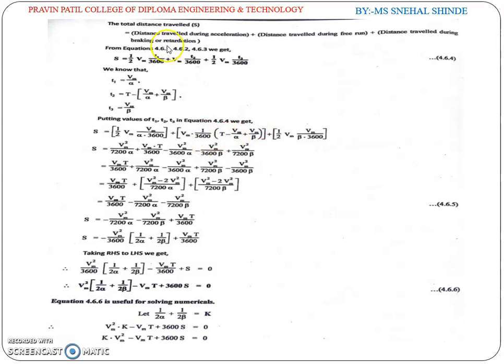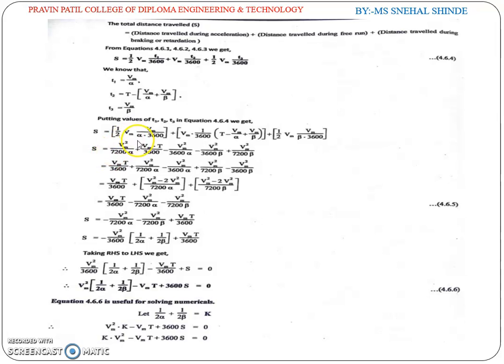We will put the formula of T2 here, which we have derived. Then again plus half into Vm into T3, where T3 is Vm divided by beta. Like this we have substituted the values of T1, T2, T3 in the S equation.